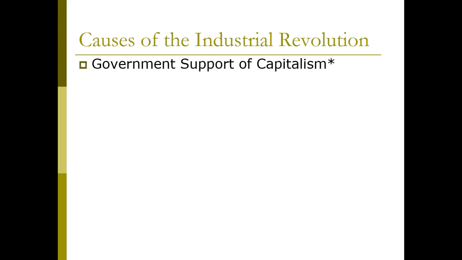One reason is because of the government support of capitalism. Now, I'm not going to talk more about this today, but later on in the week we'll get into the ideology of capitalism and its roots in the Enlightenment philosophies that, as we have seen, have affected all of the political revolutions throughout the Atlantic world. But the basic idea right now is that that belief, that ideology that guides the government, is creating an infrastructure that allows the Industrial Revolution to happen.